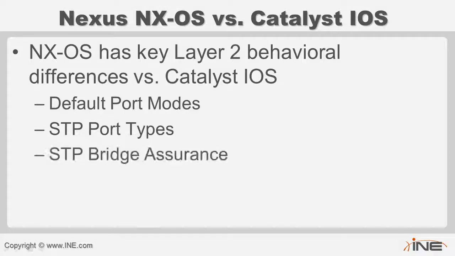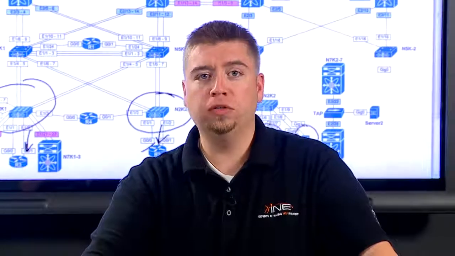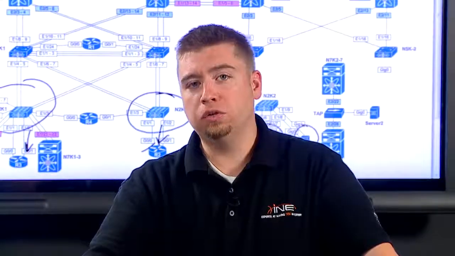We then have an additional feature that is also available on the 6500, but most of the lower level platforms don't yet have this, which is known as spanning tree bridge assurance, which is going to be used for a couple different reasons. We'll see why.